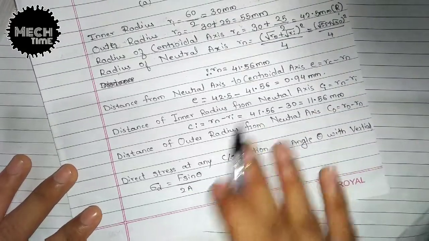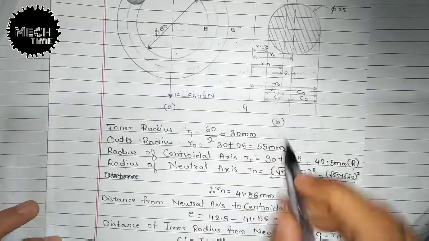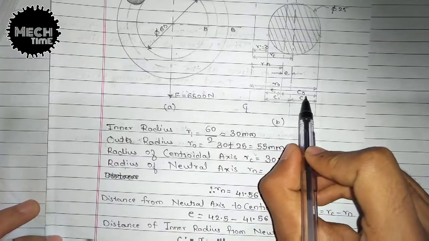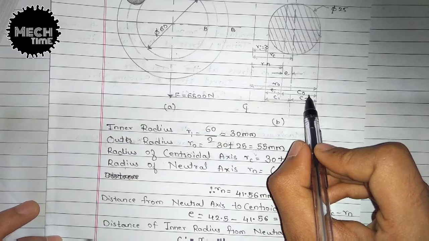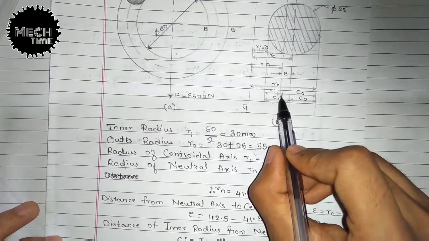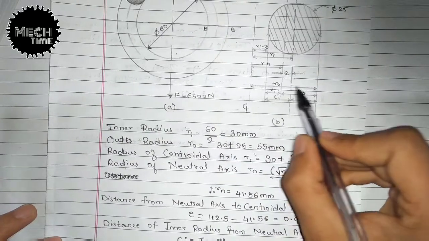Now similarly you need to find the distance of the outer radius from the neutral axis, that is Co. Co is nothing but the distance of the outer radius from the neutral axis, so it is Ro minus Rn.